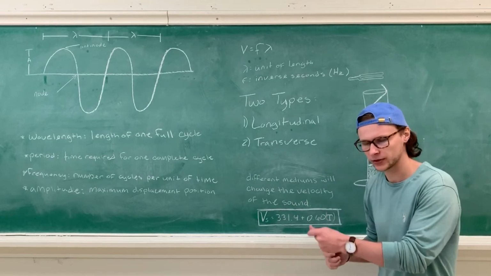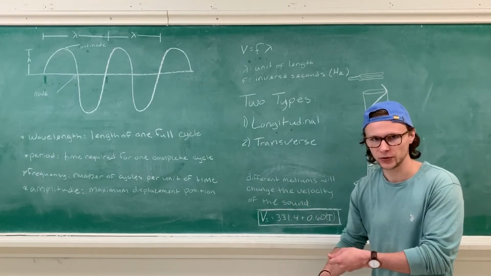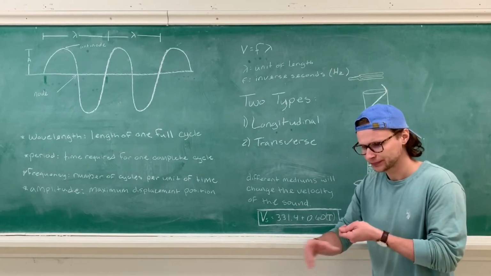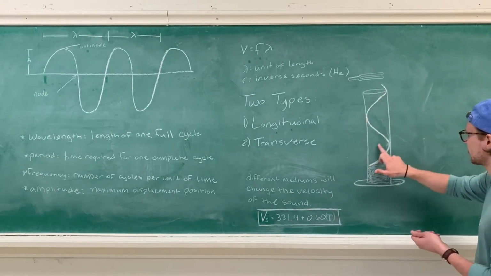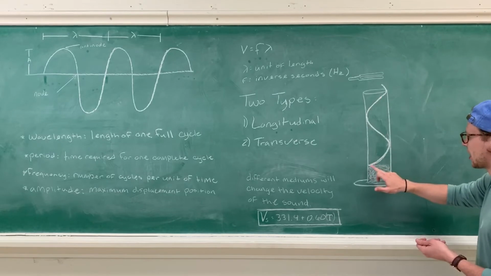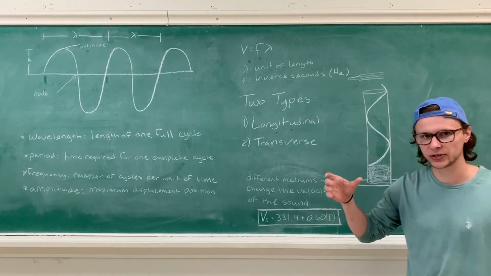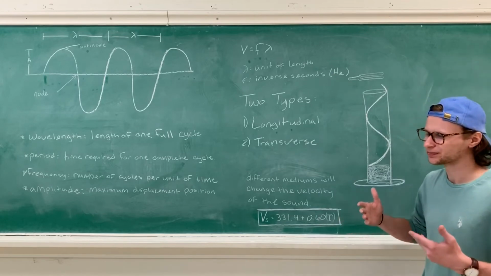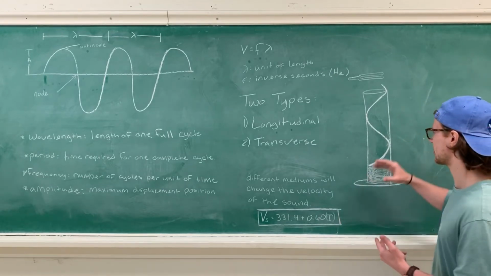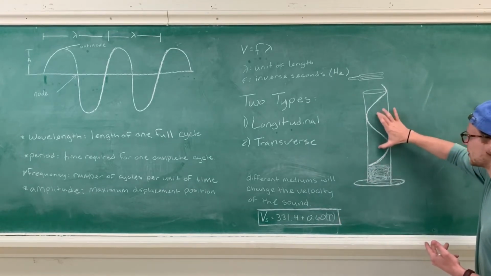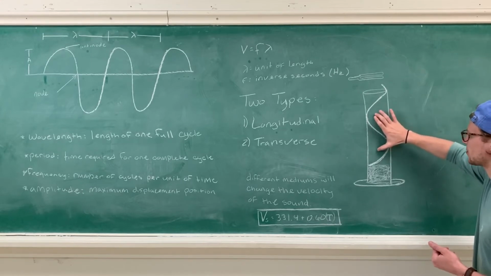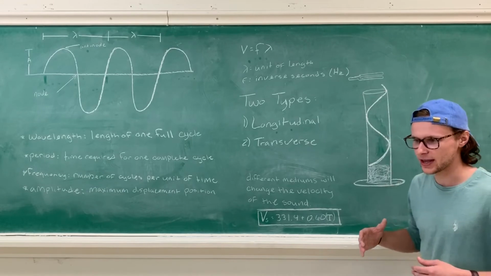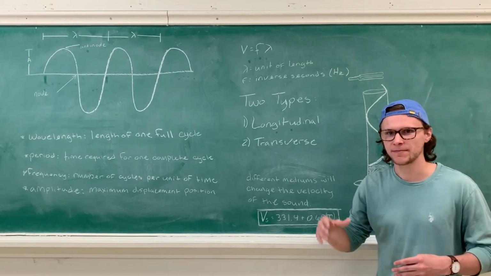If you hover the tuning fork over the tube, it starts to make a wave inside, and as you adjust the water, you'll also adjust the wave. And so the wave will then create a very, very high-pitched sound.